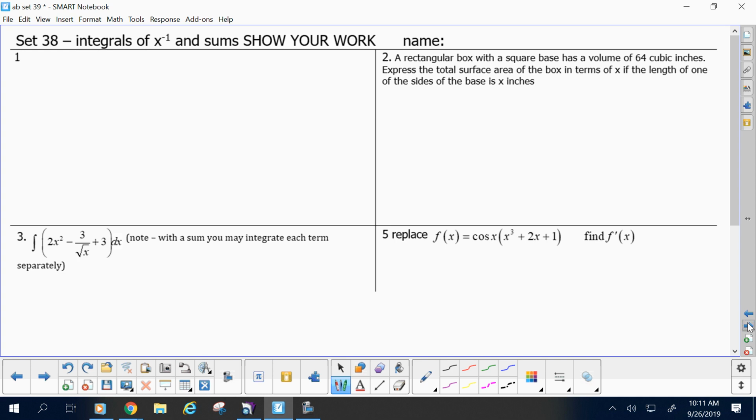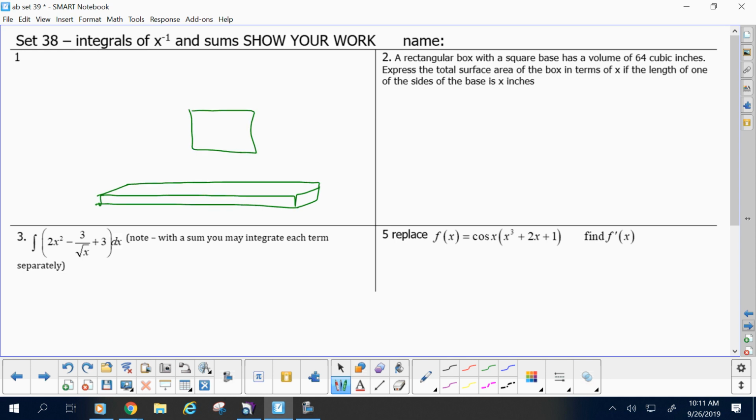So number two, first of all, let's step back and talk about the big idea. It's easy to get lost in the what's-the-point-of-it-all kind of thing. Imagine I made a box that was meant to hold 64 cubic inches. I could make a really wide, really short box, or more of a square cube box, or a really tall box.